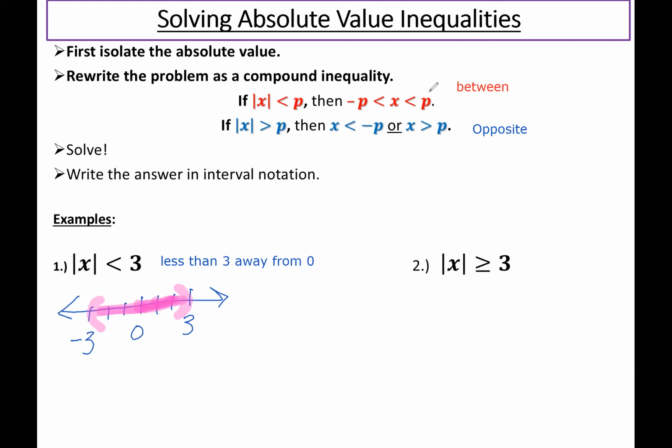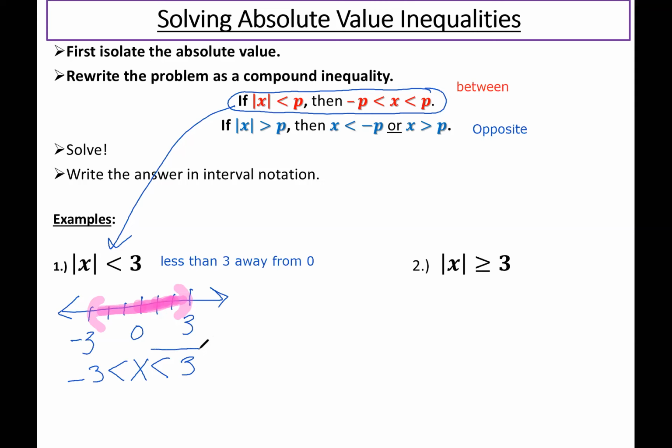I'm essentially using this as a guideline. If the absolute value of x is less than a positive number p, which it is, then x is between negative p, in this case -3, and positive p, or in this case +3.